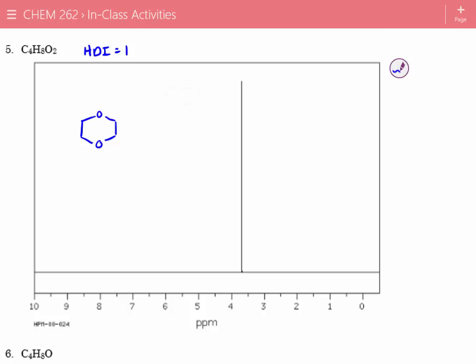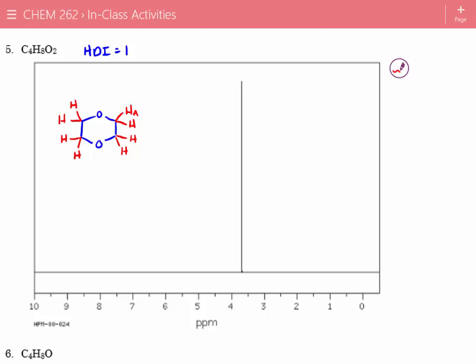This is called 1,4-dioxane. And if we look at this, we have protons here and over here and over here. And the question is, are these all in the same or different chemical environments? Well, let's take this proton for example.